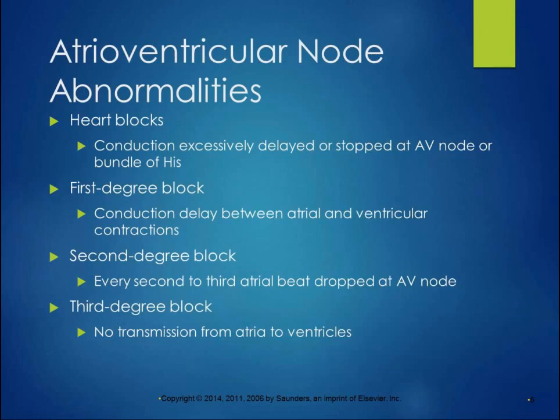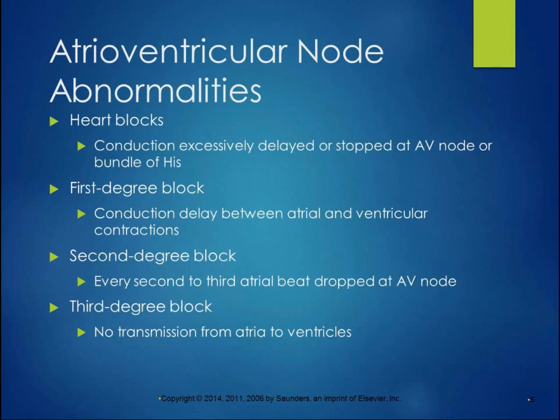So heart blocks are where the conduction is either excessively delayed or stopped at the AV node or the bundle of His. There are different degrees of blockage. They call it first degree block, which is a delay between the atrial and ventricular contractions, and sometimes there aren't any symptoms with that.